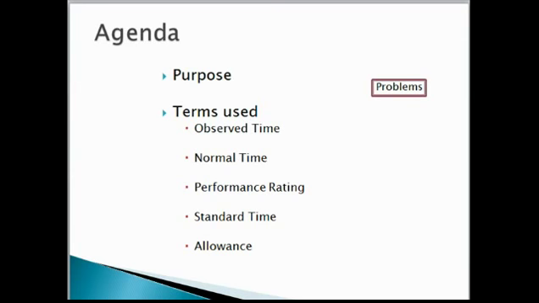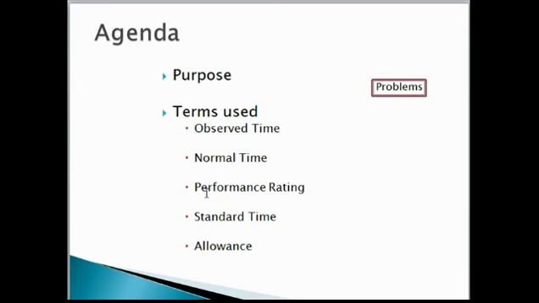If we consider a faster or slower worker, then we will not be coming up with the standard rate. We will be coming up with the time required by that particular operator. So we need to find a normal time that will be required to complete this task. We find normal time by neutralizing the observed time with the help of performance rating.